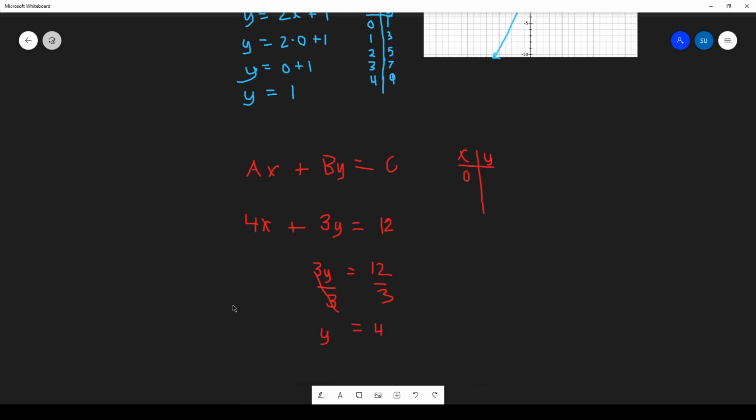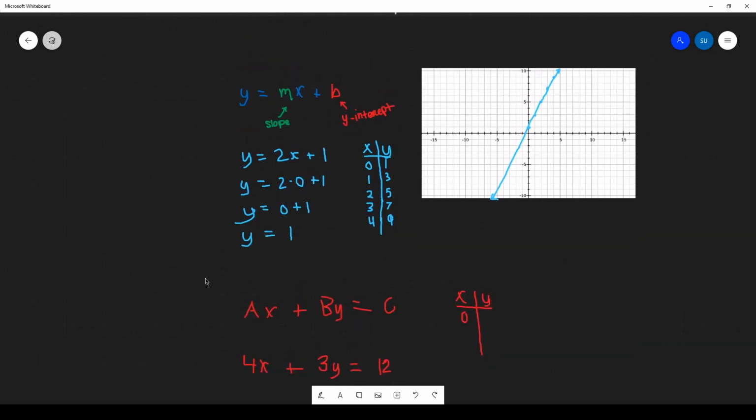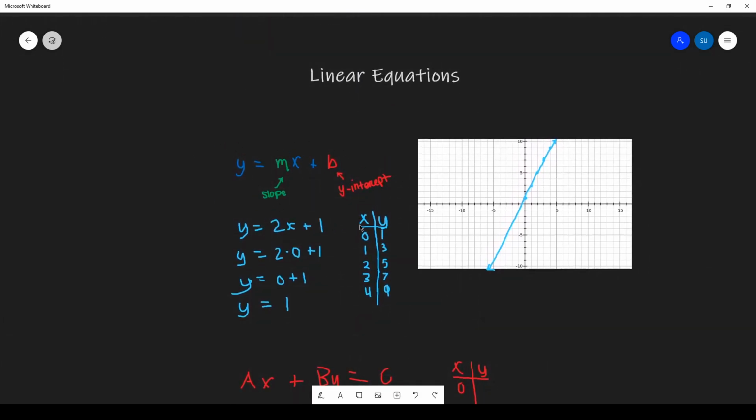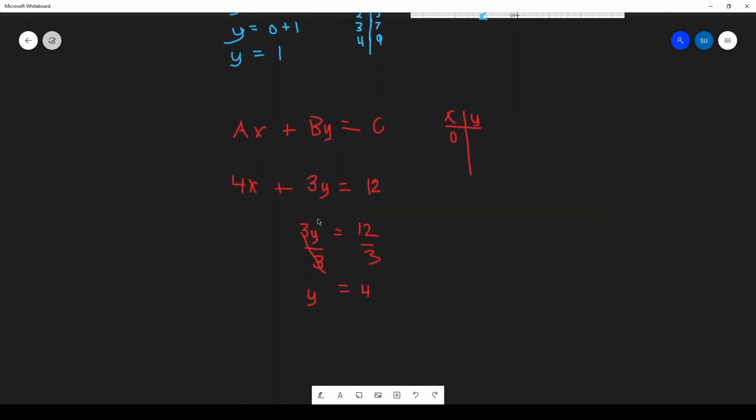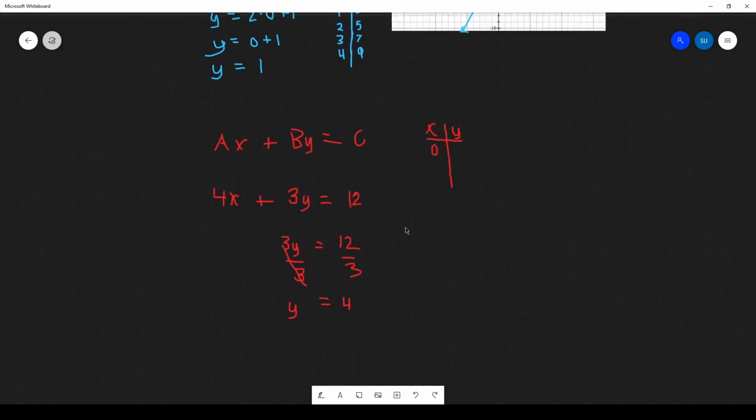So the reason why slope-intercept form is usually the most common form of a linear equation that you'll see on this graph is because it's a lot simpler than doing something like this in standard form, where you have to solve for your y coordinate, where it becomes a whole extra step.